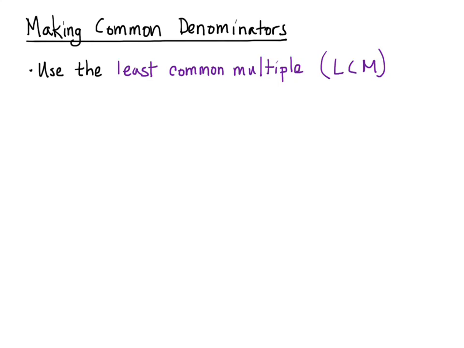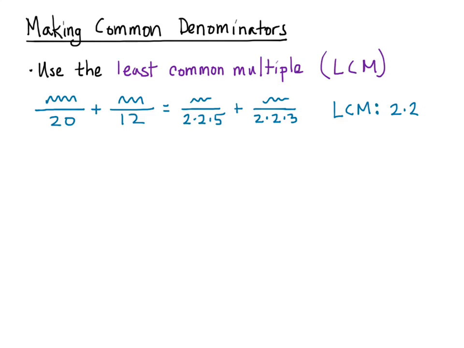If you're doing that with polynomials, you really start getting a whole lot more factors than you need. So when you have something like this, where these squiggles just mean I'm not paying attention to the numerators, I'm just looking at the denominators. When we have 20 and 12, you might be tempted to make the common denominator 120.